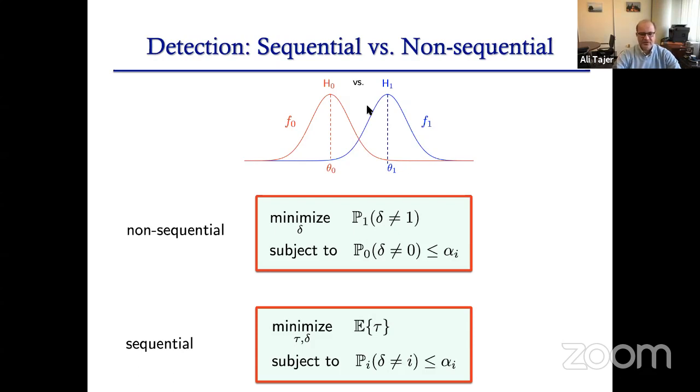In those approaches, we want to control both error types, type 1 and type 2, and then we want to minimize the number of samples that we need in a probabilistic sense, primarily the average value, in order to form a decision. So the objective becomes minimizing the delay over all possible stopping times of the process and decision rules that we can design, subject to ensuring that the decision will satisfy the reliability guarantees.